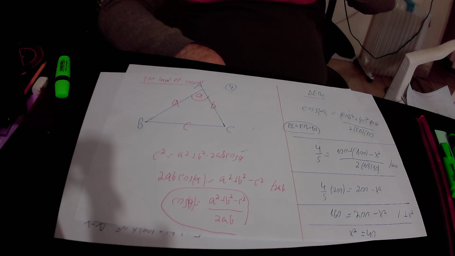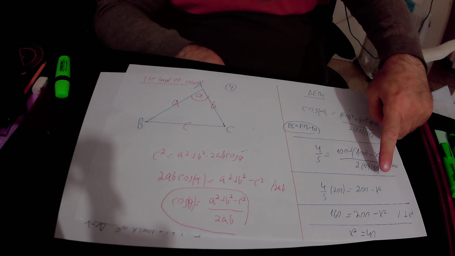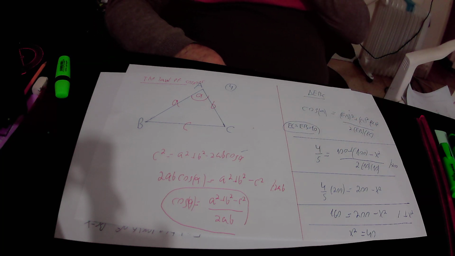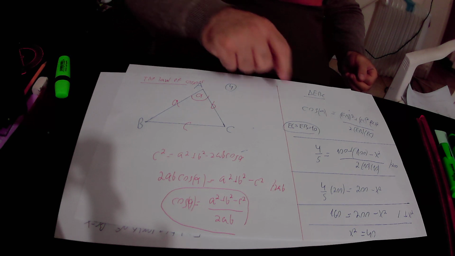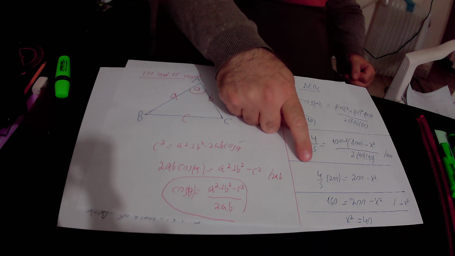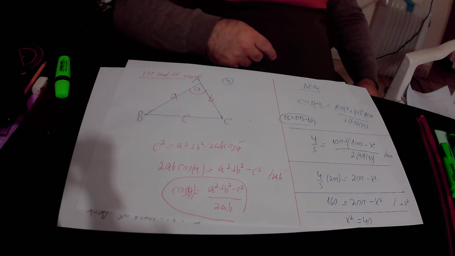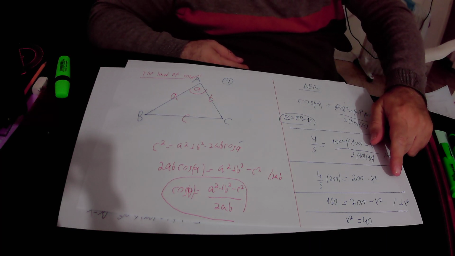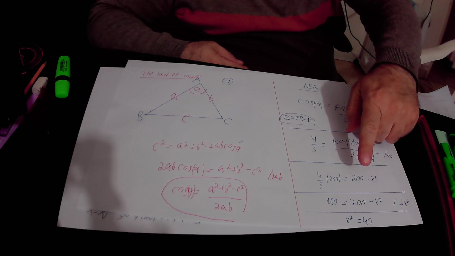And here we found out that 200 minus x squared equals 2 times 4 over 5. 200 over 5 is 40, and 40 times 4 is 160. In conclusion, 160 equals 200 minus x squared. We added x squared to this equation, and we also subtracted 160.